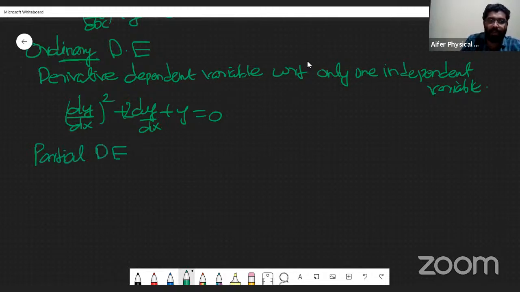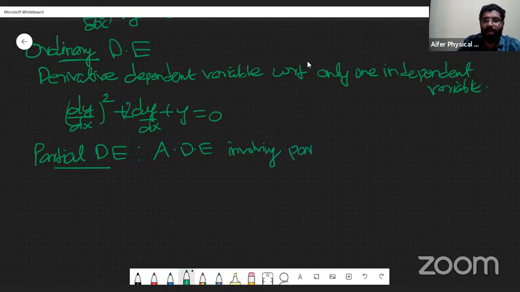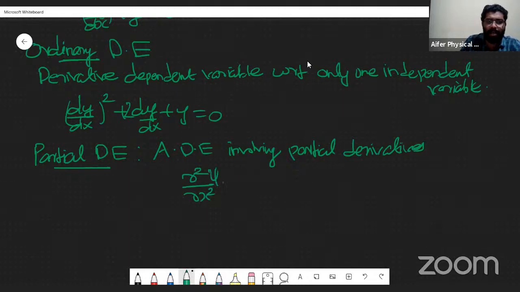A partial differential equation is simply a differential equation involving partial derivatives. For example, dou square by dou x square psi plus dou square by dou y square psi plus something times psi equal to 0.